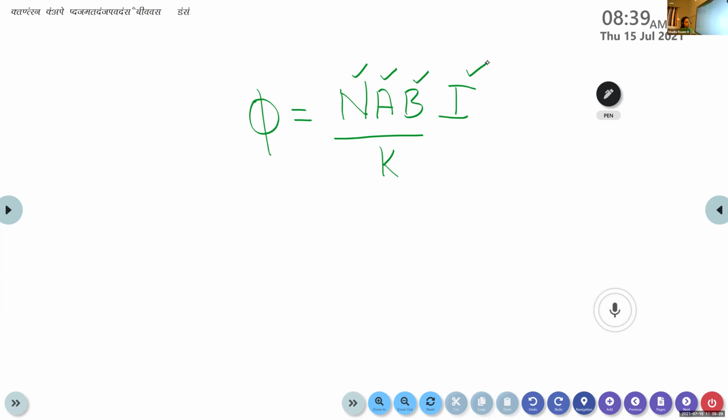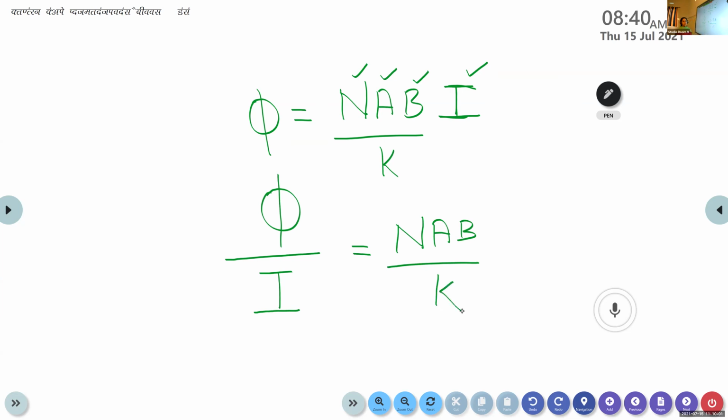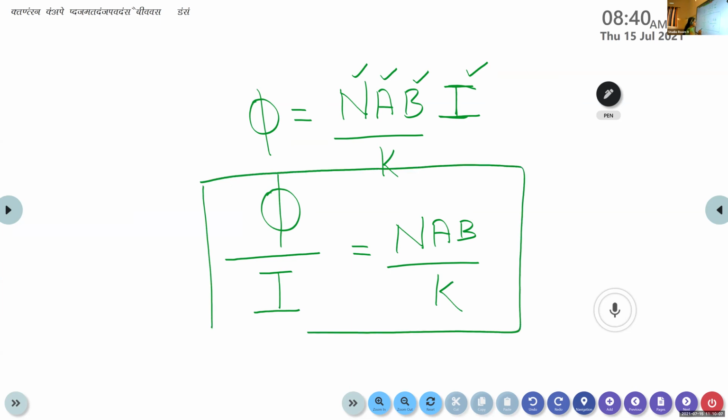According to the definition, we know that current sensitivity is the deflection per unit current. That is, the angle of deflection phi divided by unit current. Here we bring the term I to the left-hand side. Phi divided by I is equal to NAB divided by K. This is the equation for calculating the current sensitivity of a galvanometer.